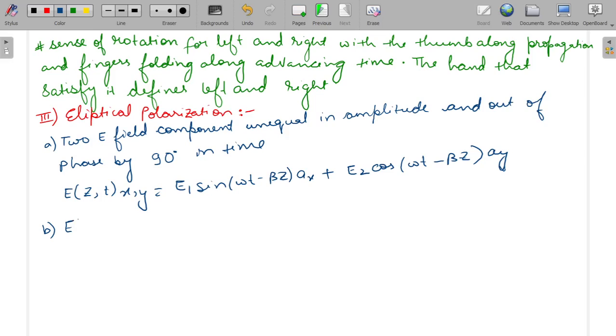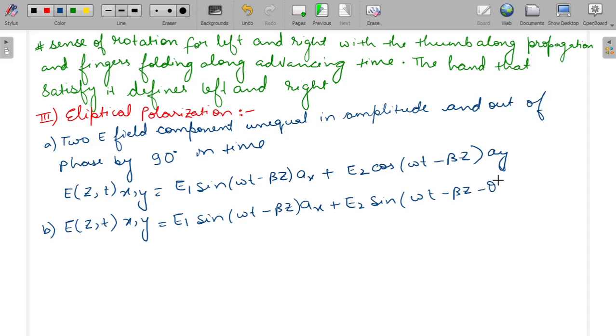E(z,t) in x and y can be given as E1 sin(omega t minus beta z) ax plus E2 sin, here it is sin only, but there is some phase shift, that is by theta degrees, in the y direction ay. So this is also the case of elliptical, and the graph will come like this.